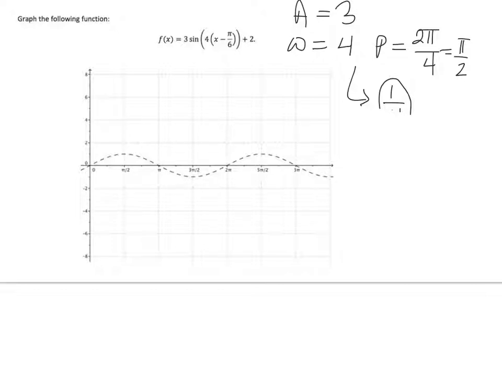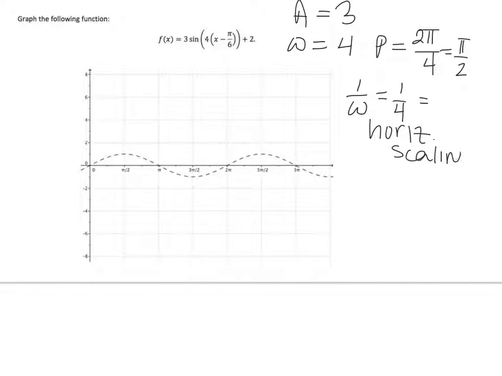I should write that down, sorry. That's the horizontal scaling. The graph of the function has 4 cycles between 0 and 2 pi.